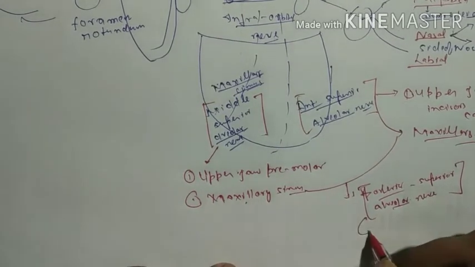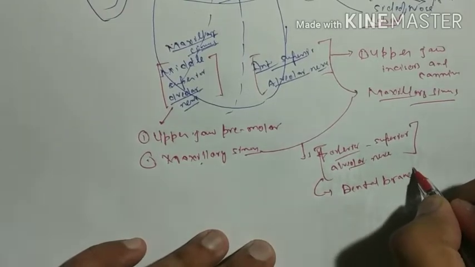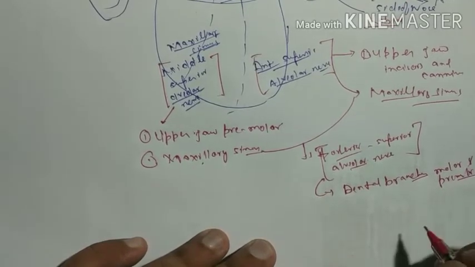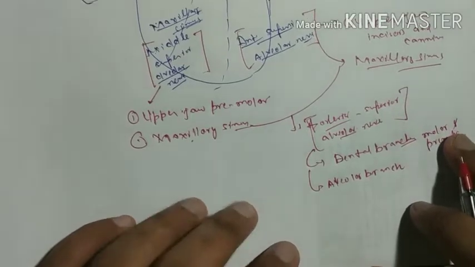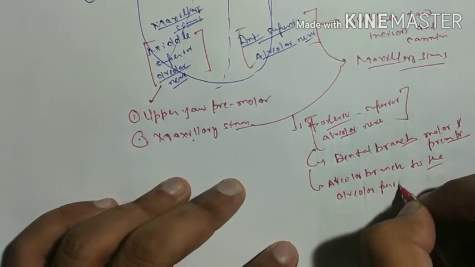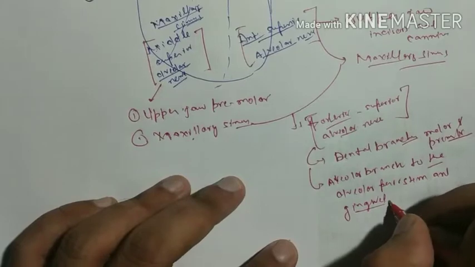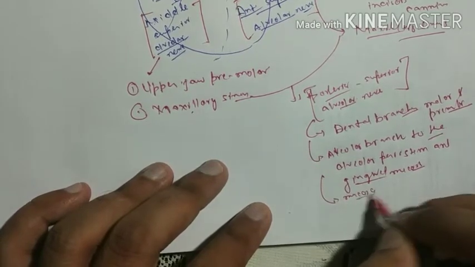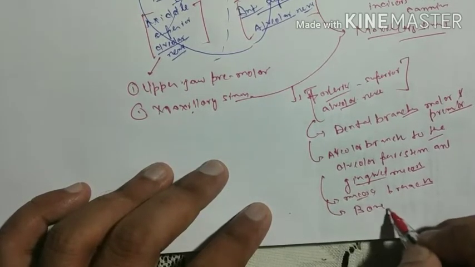It gives the dental branches to the molar and premolar, an alveolar branch to the alveolar periosteum and gingiva mucosa, and it also gives branches to the mucosa and bony branches to part of the maxilla.